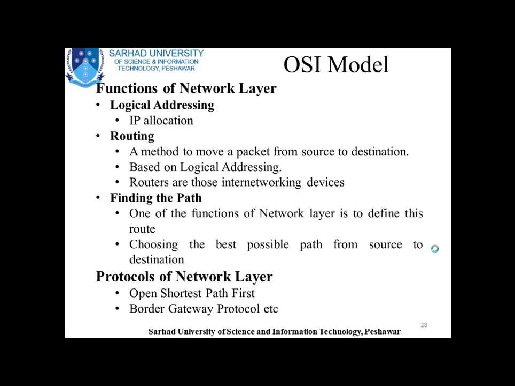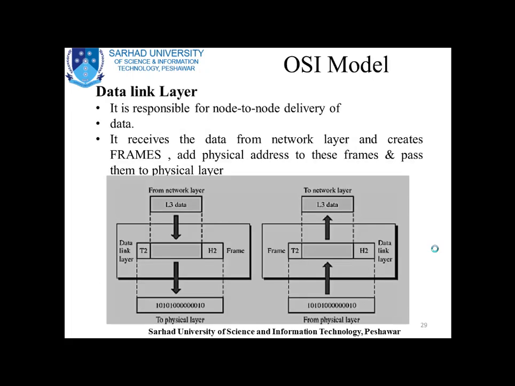Basically, routing is finding the path from the transmitter to the receiver. And we will be studying several protocols in the coming lectures. Some major or famous protocols are OSPF, that is Open Shortest Path First, and BGP, that is Border Gateway Protocol.